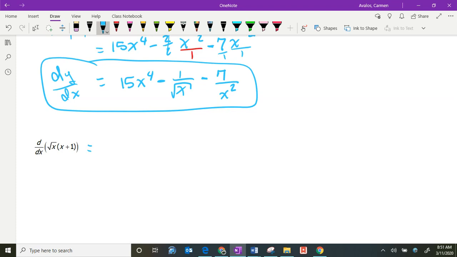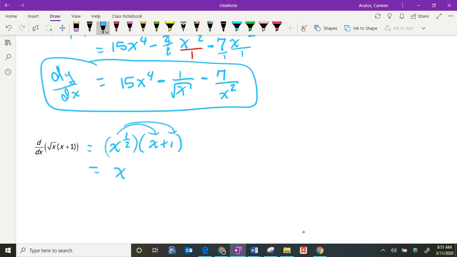This one here is actually a product rule, which if you're doing the power rule, you don't know the product rule on there yet. And so we're going to change this to the power rule. So what we have here is x to the 1/2 times x plus 1. And then we are going to distribute, and we're going to get x.